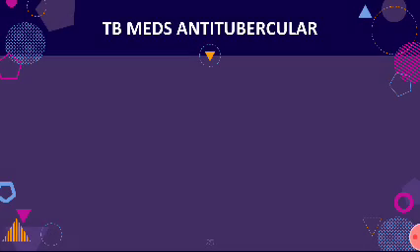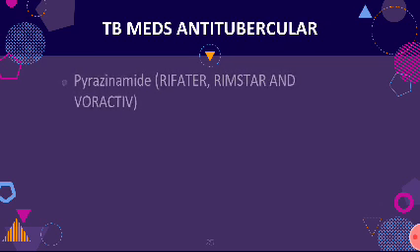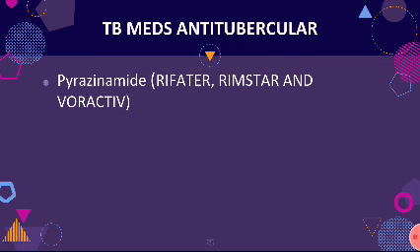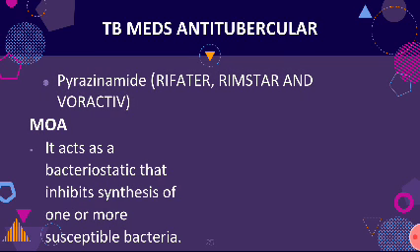Next is pyrazinamide. The mechanism of action of this drug is that it is also bacteriostatic against Mycobacterium tuberculosis, but it depends on the concentration of drug attained at the site of infection.